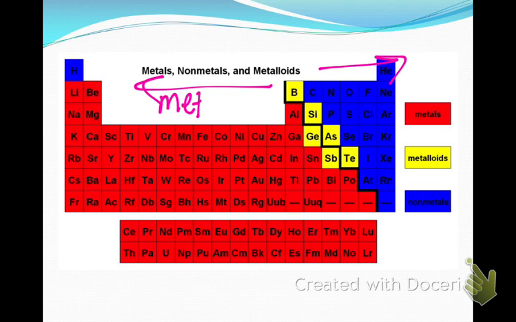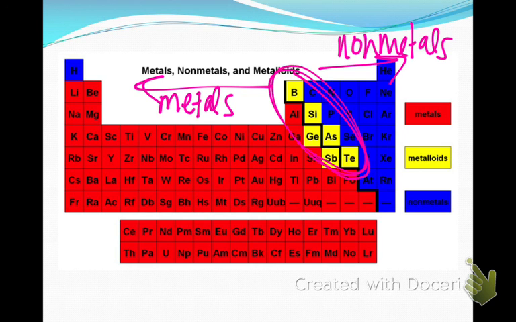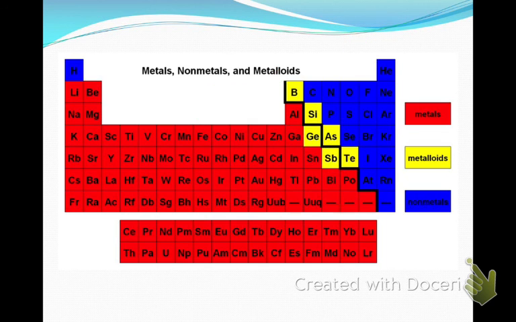Metals are on the left side of the periodic table. Nonmetals are typically on the right side of the periodic table, but you've got these metalloids, the yellow guys, that surround that stair step.